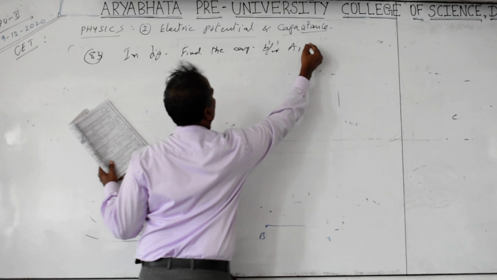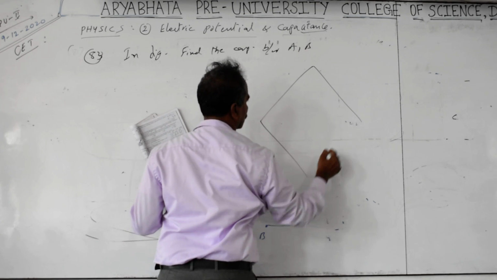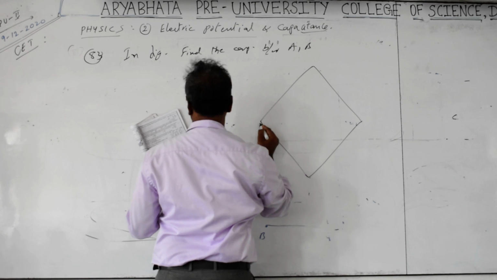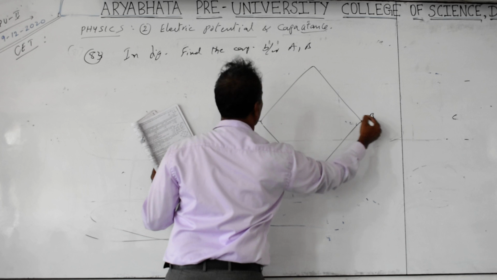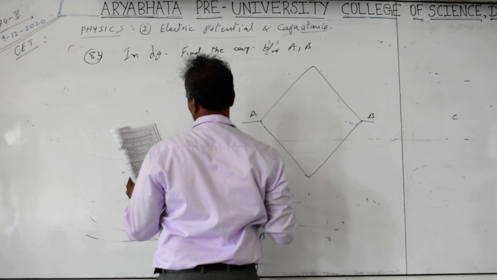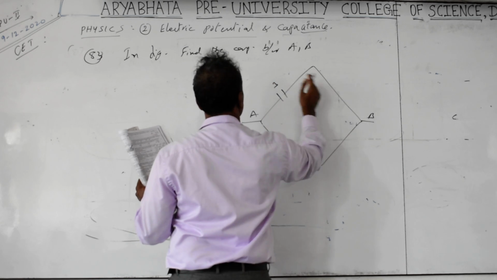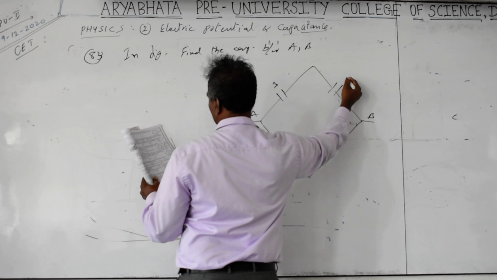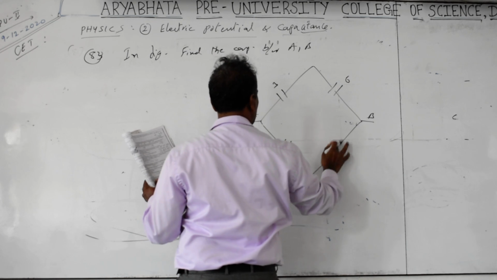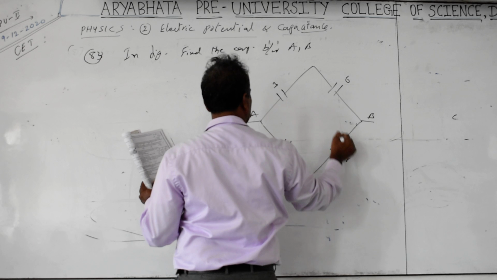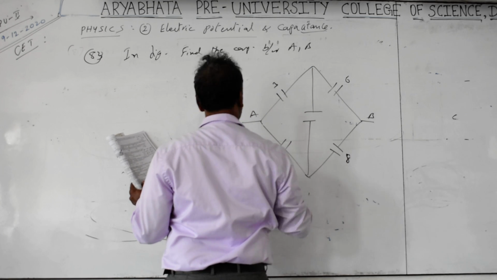Between A, B. Here it is 3, this is 6, 4, 8, and in the middle 2.